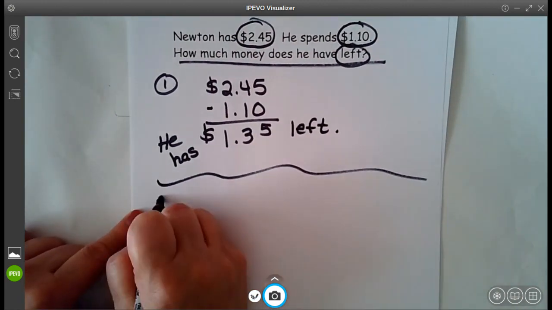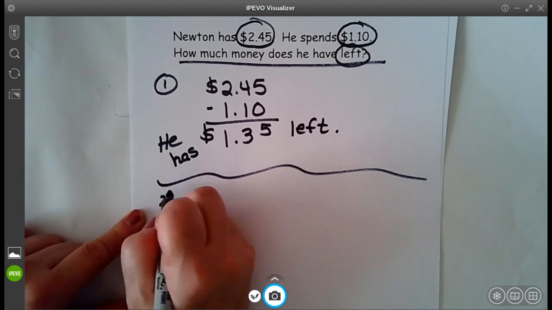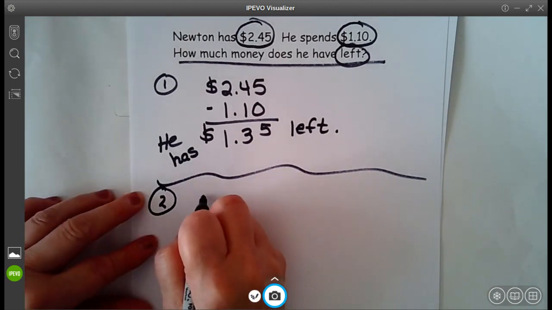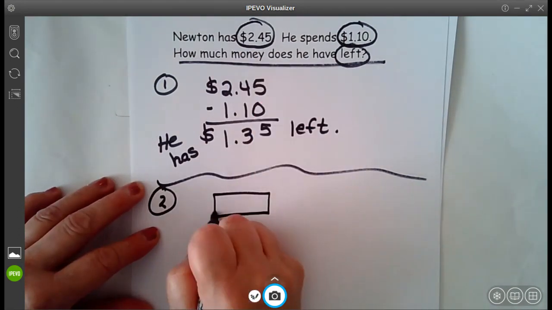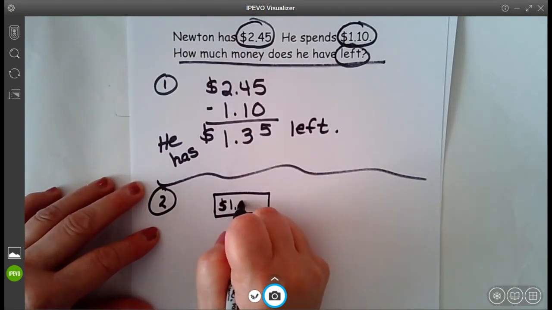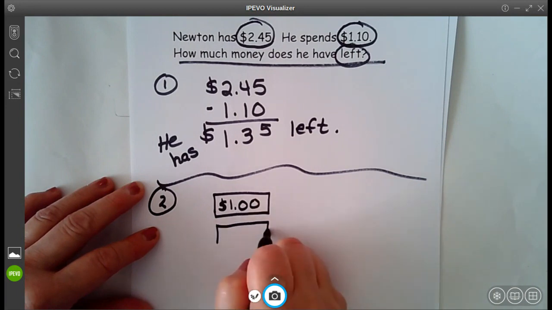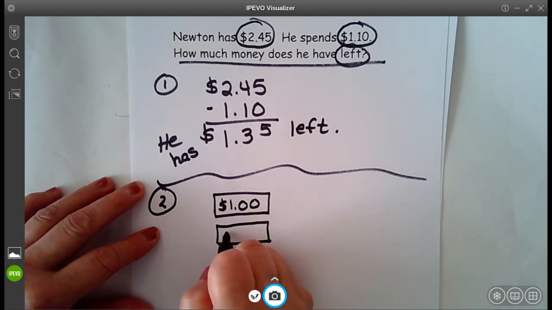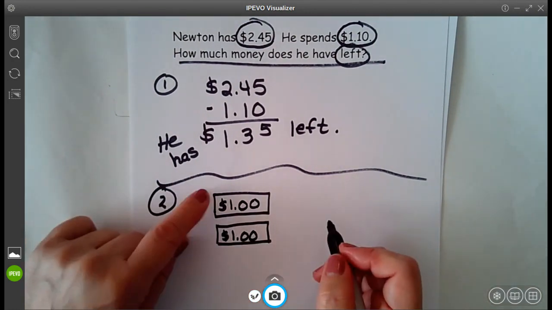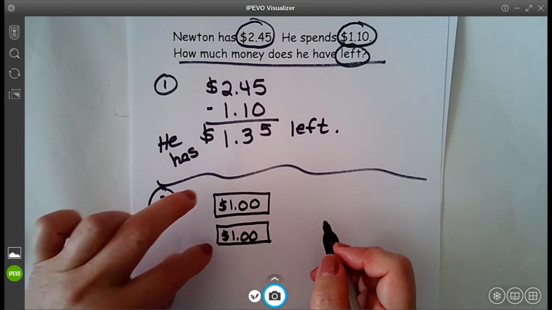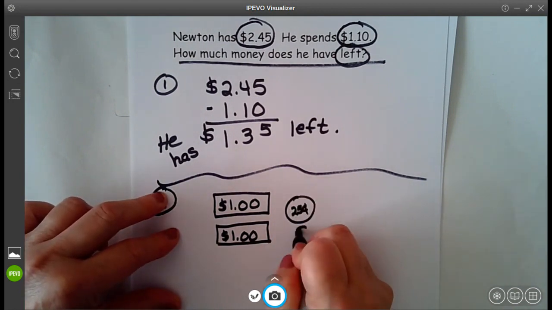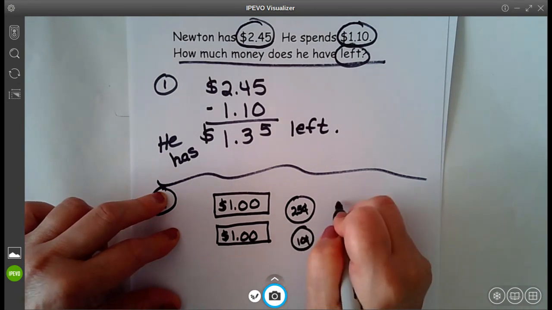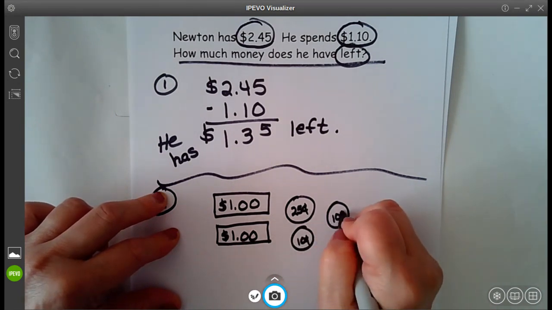All right. The second way to do this problem would be to draw a picture. So let's see if we can draw $2.45. I'm going to draw 2 $1 bills, and I know that there are $2 bills, but there aren't as many as a dollar bill, so we'll write it as 2 $1 bills. And then we need 45 cents, 25, 35, and 45.